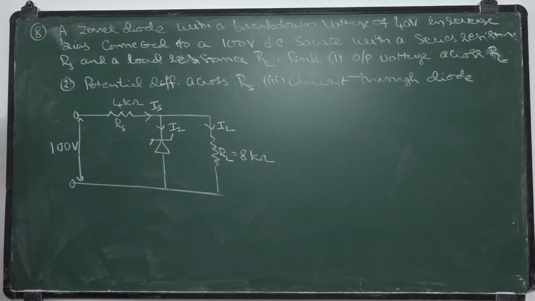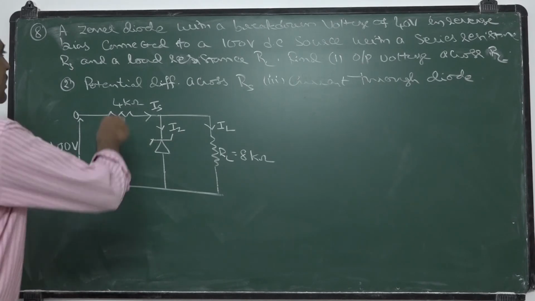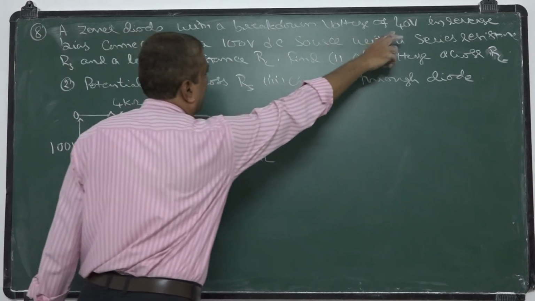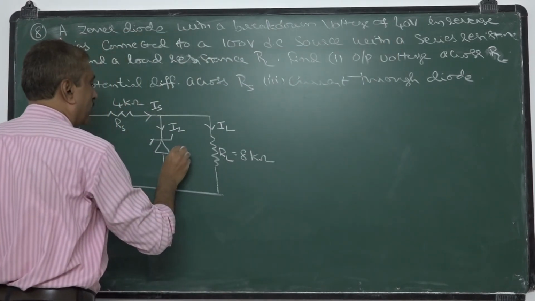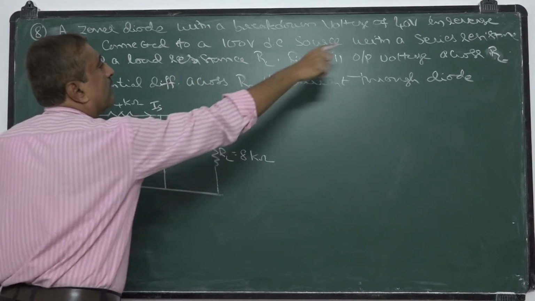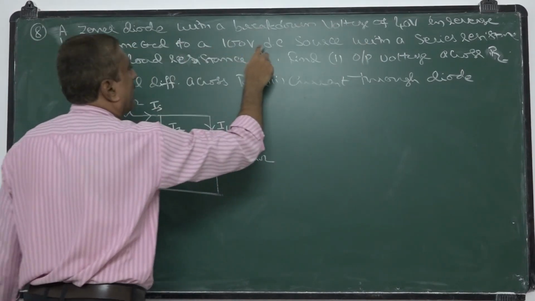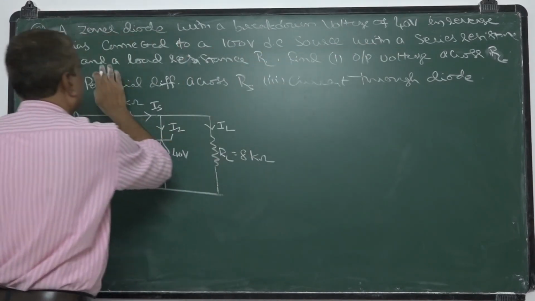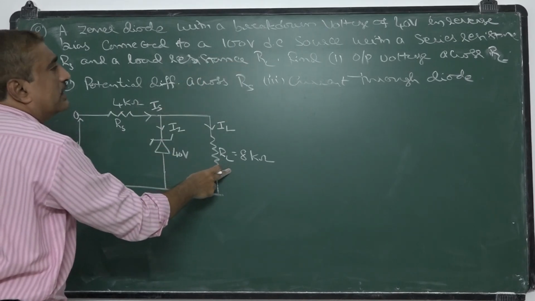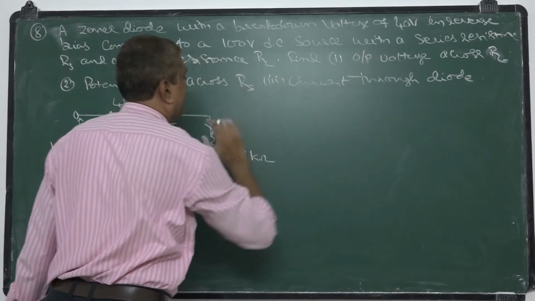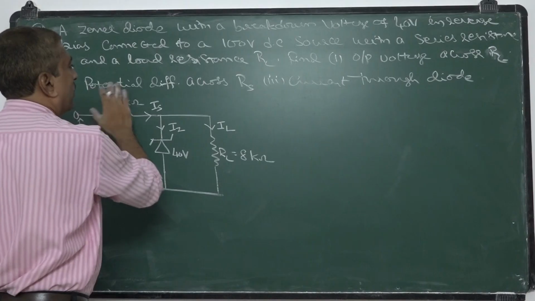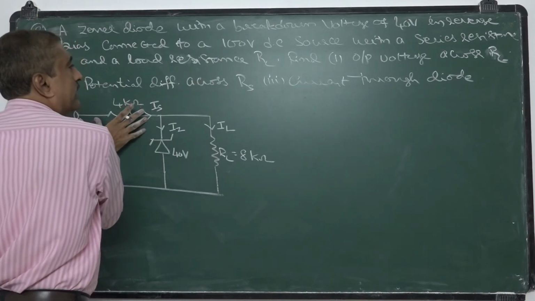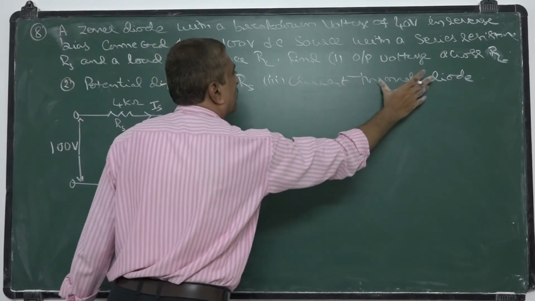Okay. Now a Zener diode with a breakdown voltage of 40 volt, given this as 40 volt breakdown, in reverse bias connected to a 100 volt DC source with a series resistance and load resistance, given like this. You have to calculate the applied voltage across this load resistance, potential difference across this series resistance, and current through the diode.